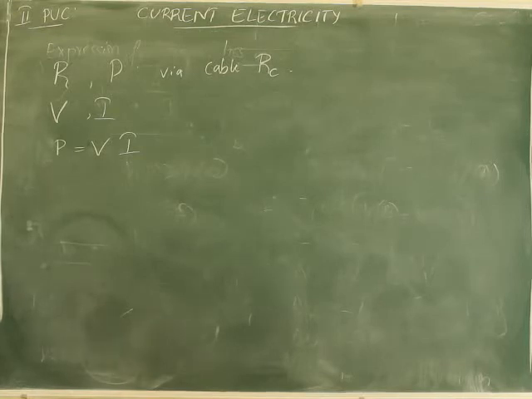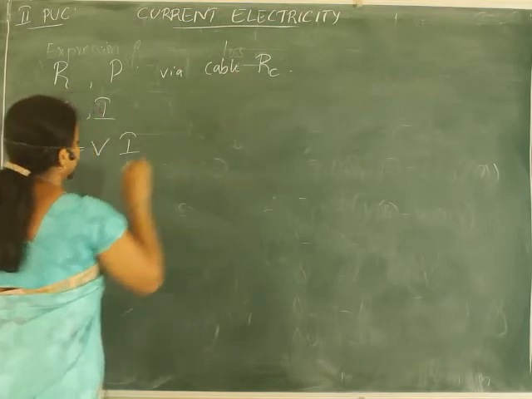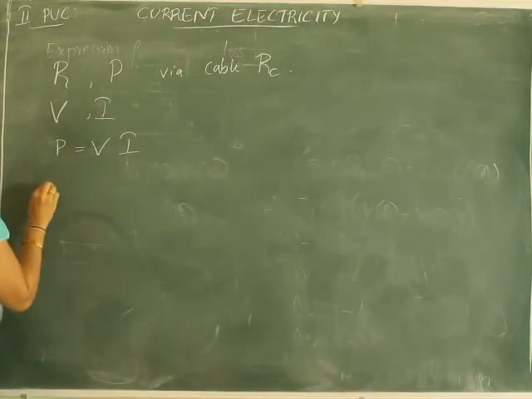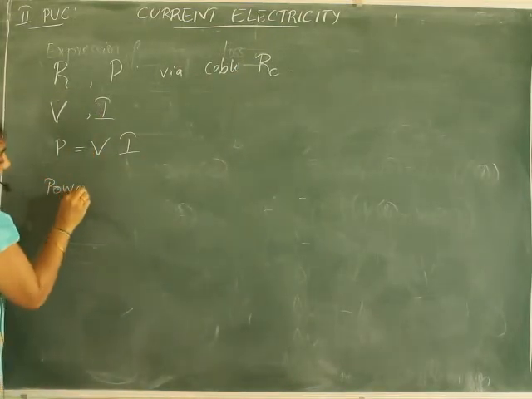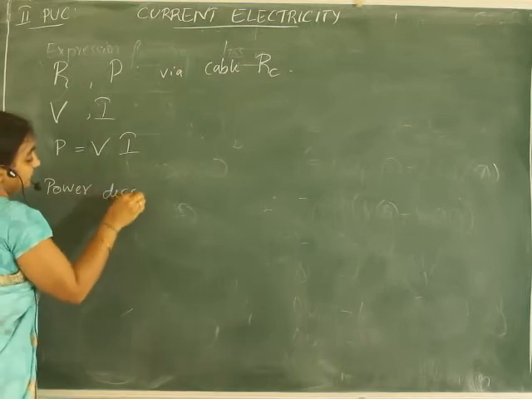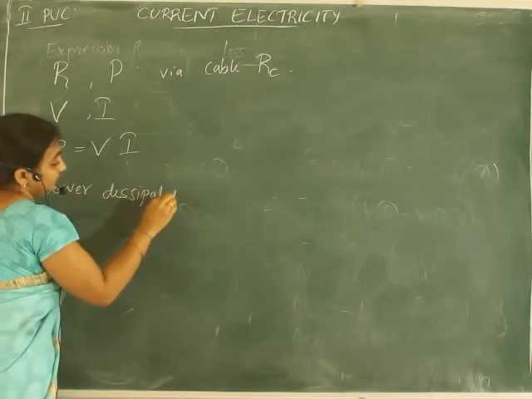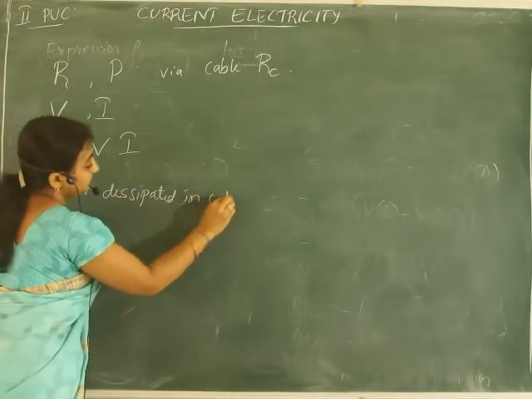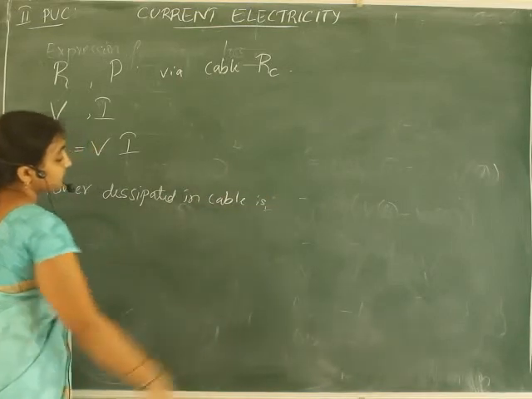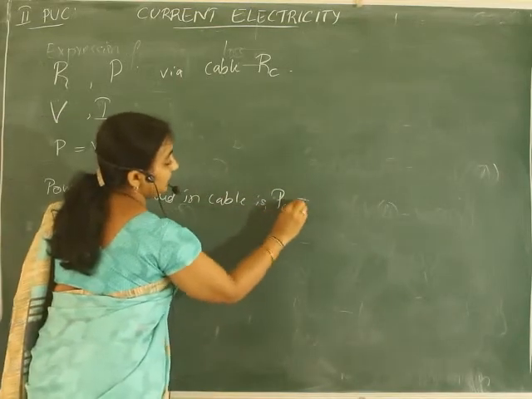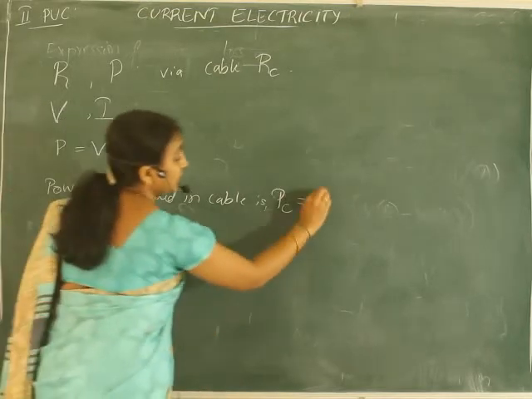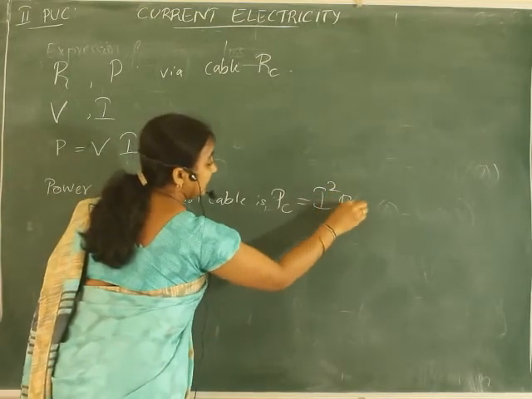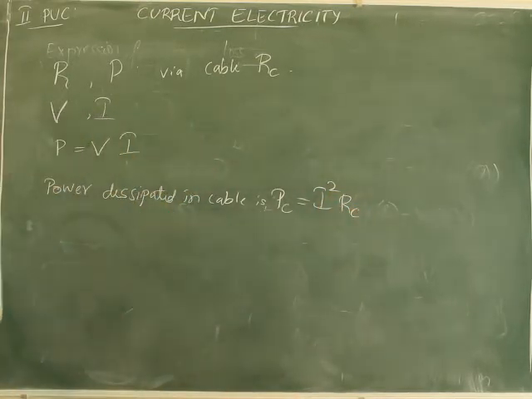Power dissipated in this cable, the power loss, is PC. PC is equal to I square RC. Correct, no? PC is equal to I square RC.